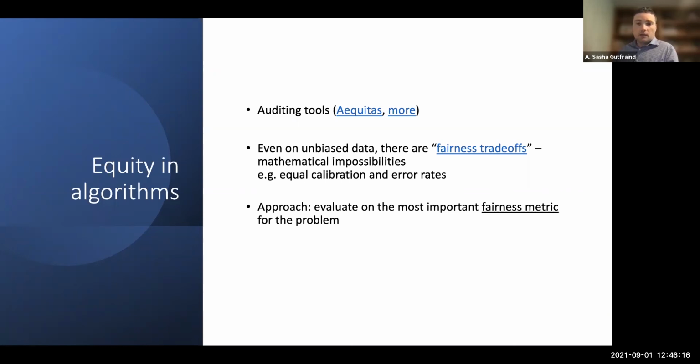Now, that said, this is not a panacea. There are so-called fairness trade-offs, namely mathematical impossibilities. For a given classifier, there is a trade-off between error rates in different subpopulations and so-called calibration, essentially how good the algorithm is within each population.